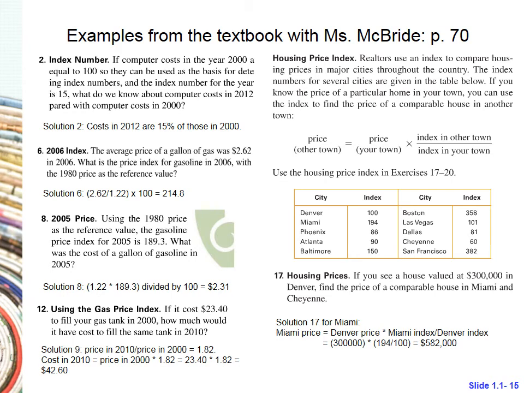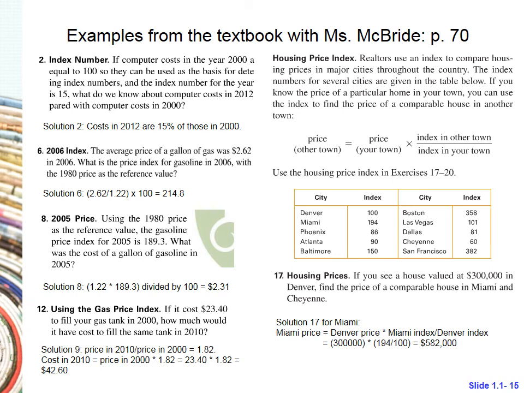All right, so I just did the first one on number 17. We see a house valued at $300,000 living in Denver. Find the price of a comparable house in Miami. So if I fill in the words in that formula, and I would recommend you write the formula down and fill in the words, the other town price, this time the Miami price, is going to be equal to the Denver price, because remember, that's the house we know.